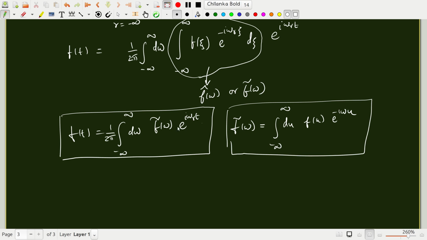The Fourier transform of f of t is denoted as f tilde of omega. Some textbooks don't even write the tilde or hat, and simply write f of omega, with the meaning implicitly understood. Now the factor of 2 pi: in some textbooks you will find that both will have a factor of root 2 pi, so that they are still equivalent.